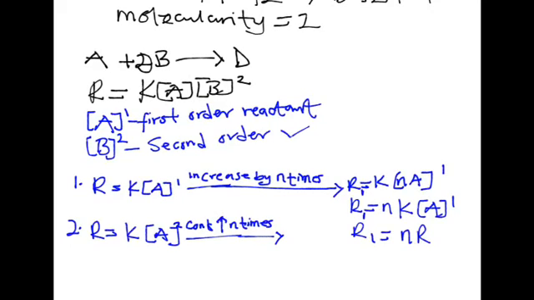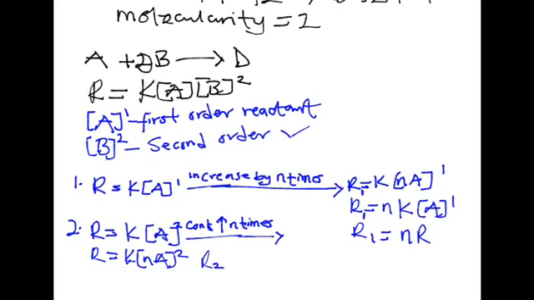Now, what about a second order reactant? If we have our rate being equal to K times the square bracket of A to the power 2, what if the concentration of A is increased by n times? If R is this, and it is increased by n times, then what is going to be our R2?